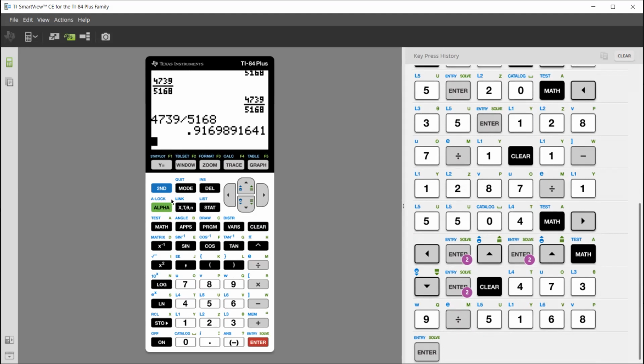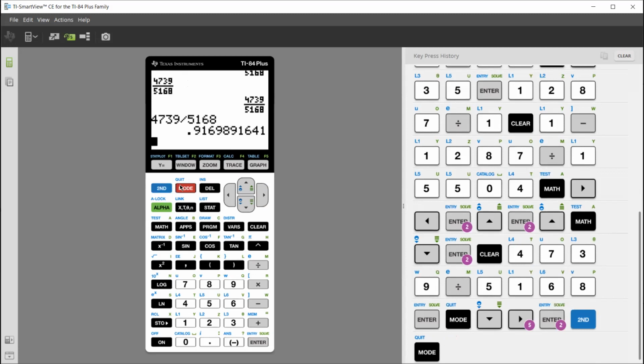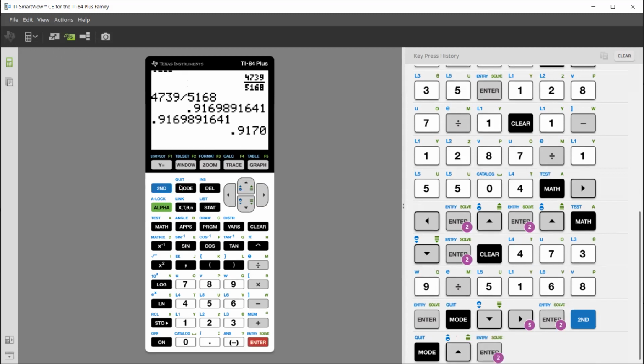So it's about, and if you want to use your mode key and round to 4 places, you can. You go second quit, come back here and hit enter. That comes out to 0.917. Okay. Now we have a couple more parts to this.